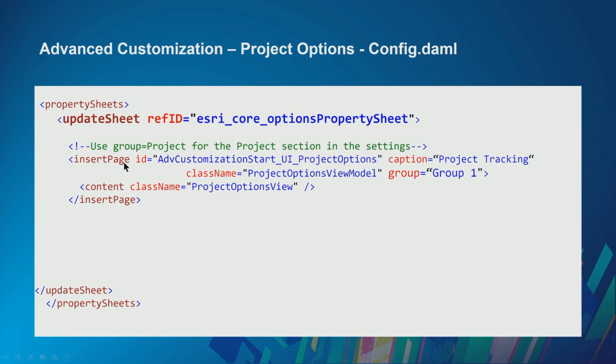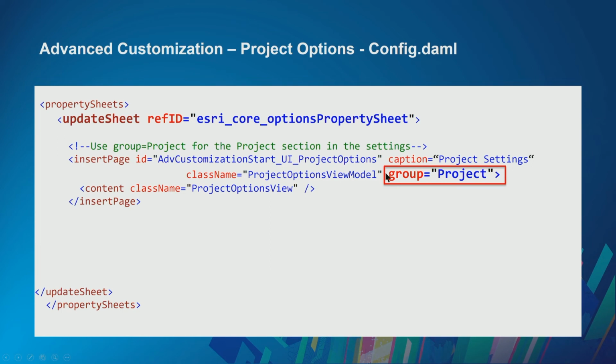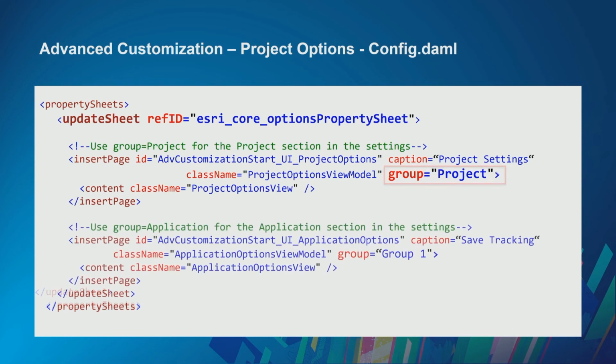Insert page and page are usually synonymous, but in this case, it wants us to specify insert page. So we specify insert page, and then finally, we have to pay attention to the group tag. The group tag by default is set to group 1, group 2, one of these values. We have to specify that we either want to be under the project group or under the application group.